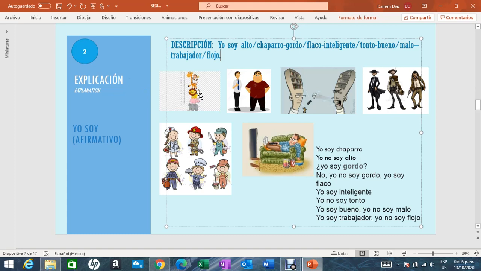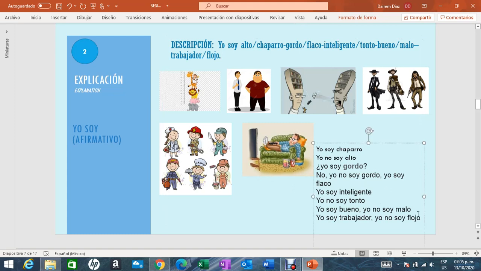Yo soy gordo? No, yo no soy gordo. Yo soy flaco. I am slim. Yo soy inteligente. Yo no soy tonto. Yo soy bueno. Yo no soy malo. Yo no soy feo. Let's add that here. And finally, yo soy trabajador. I am hardworking. Yo no soy flojo, like this guy.